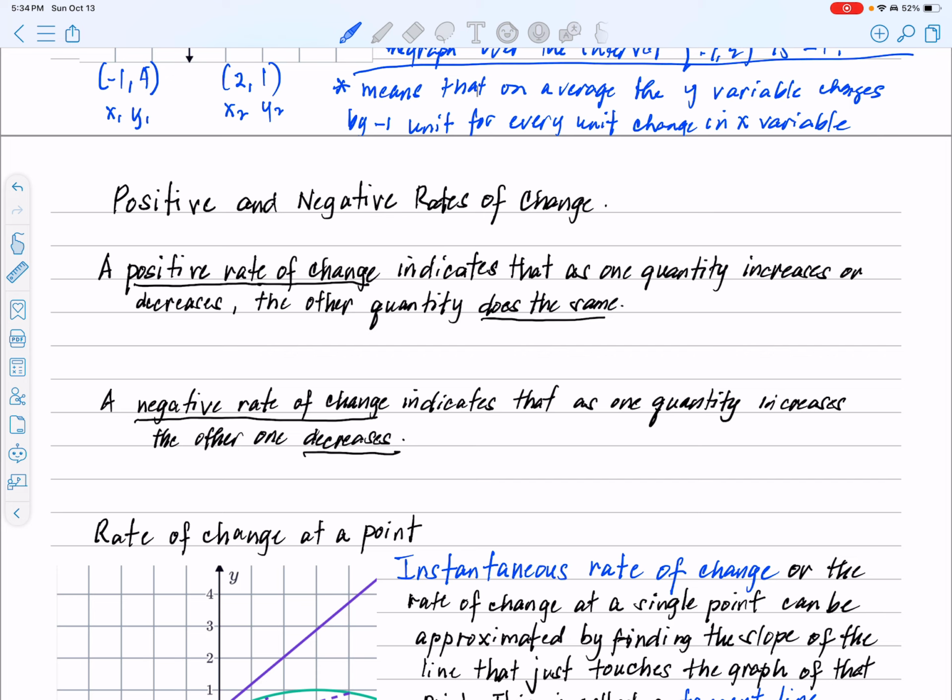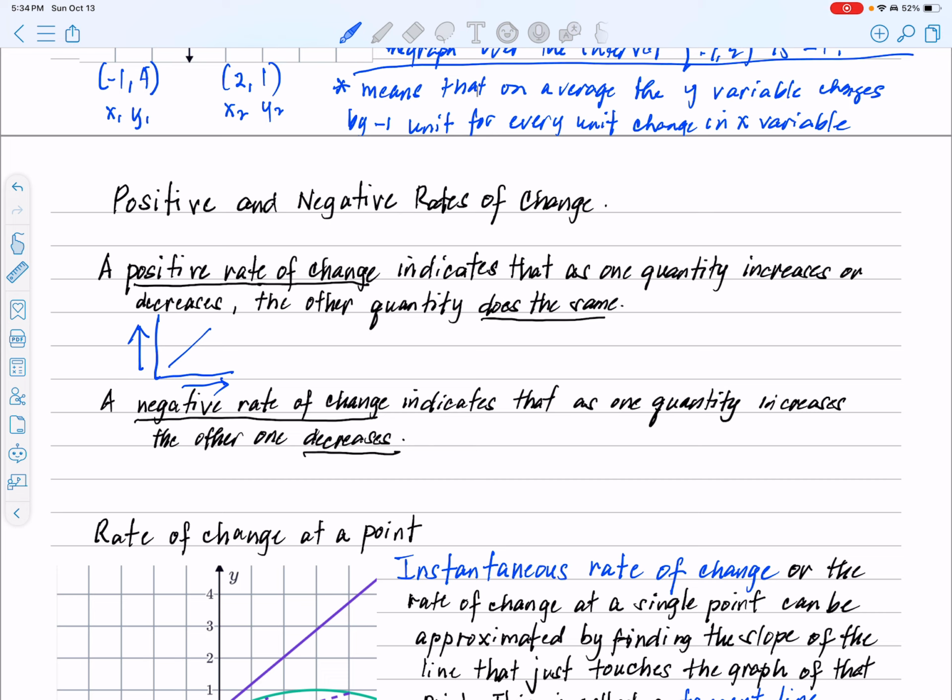If I like to do it in a graph, I could say the x, the independent, increases as well as the dependent. So our graph would tend to go that way.